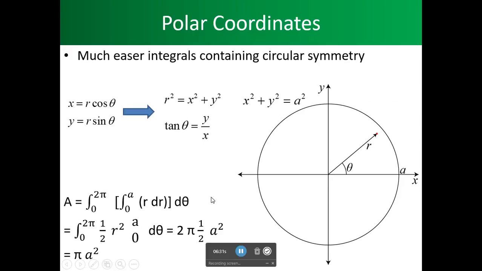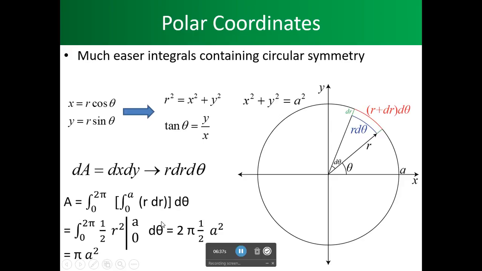And if we look at this, we can see that we go from 0 to a, our radius r, and we go fully around from 0 to 2 pi.